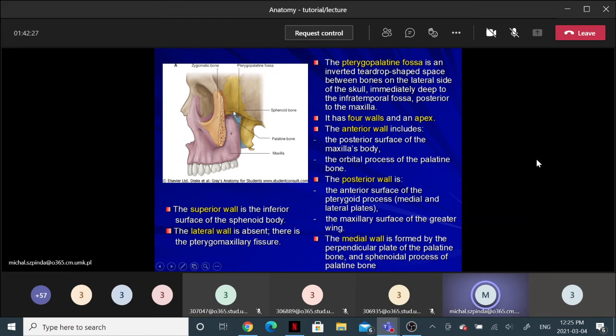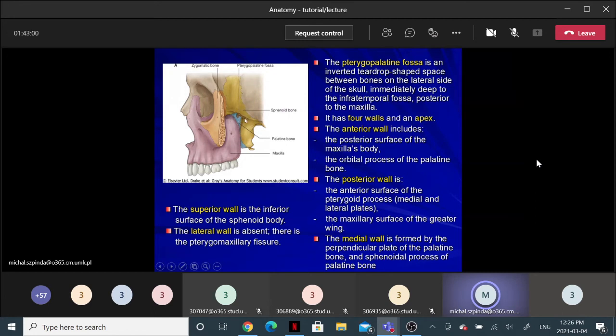It's pyramidal in shape, so its base is quadrangular and directed upwards, while its apex is directed downwards. In such a pyramid, we cannot see the lateral wall because the lateral wall is lacking.